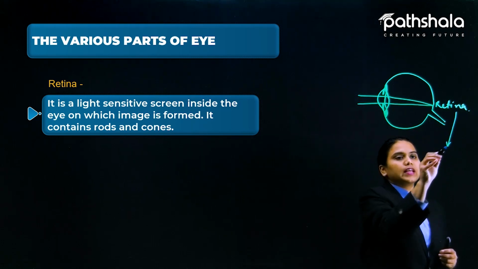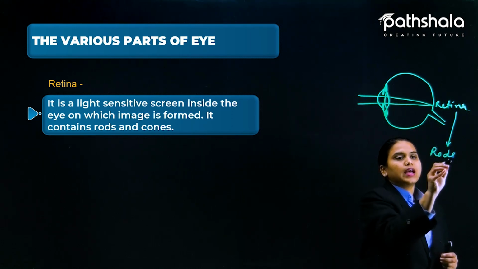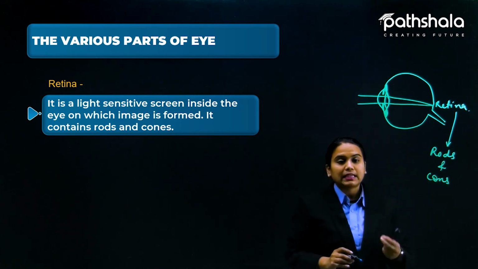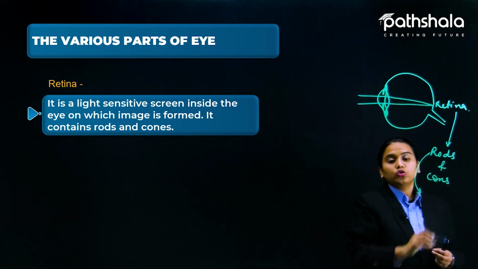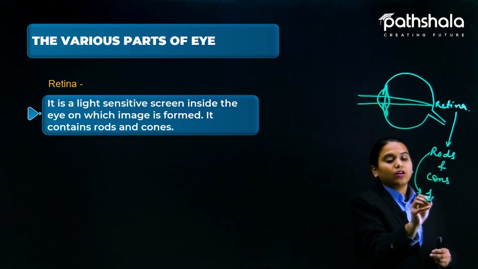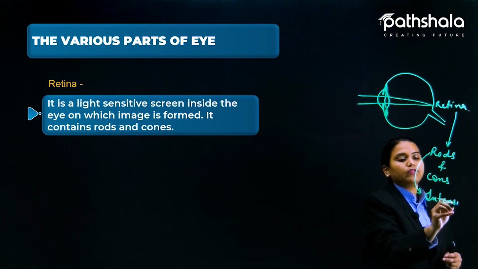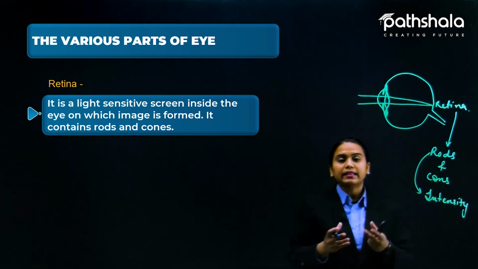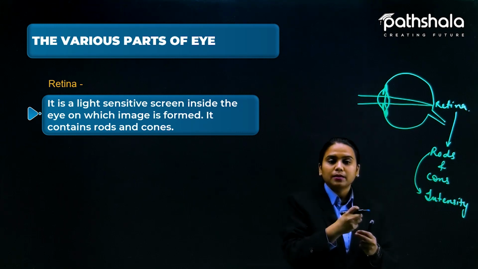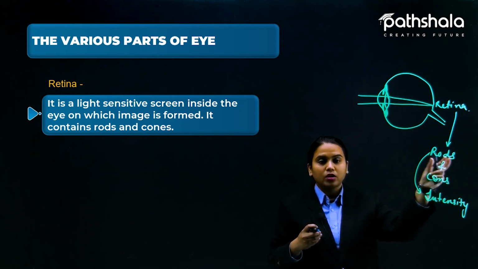Two kinds of cells are present, rods and cones. Rod cells are used to predict the intensity of the light that the retina receives.